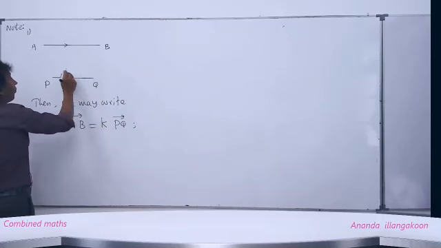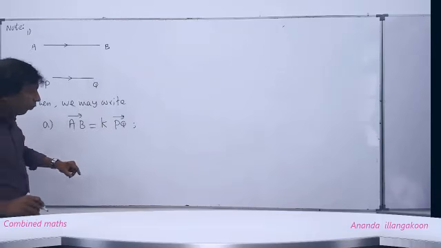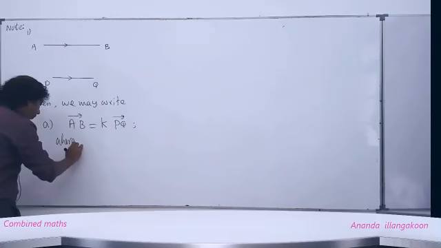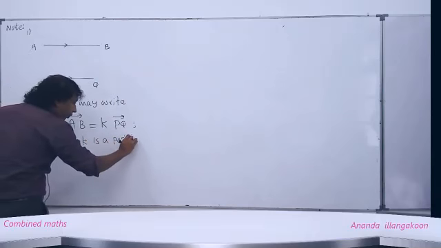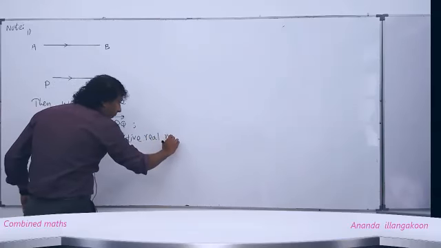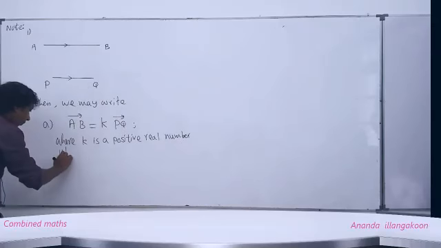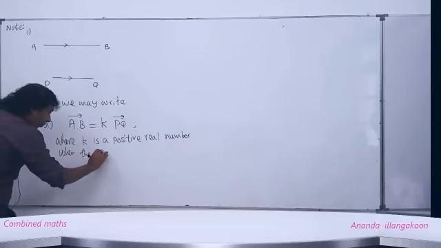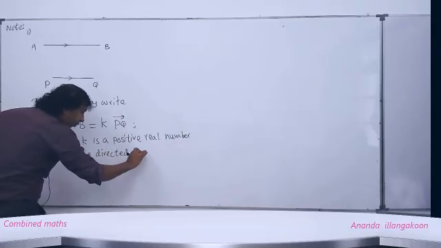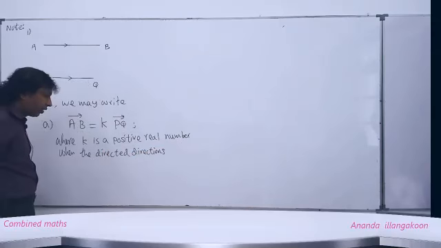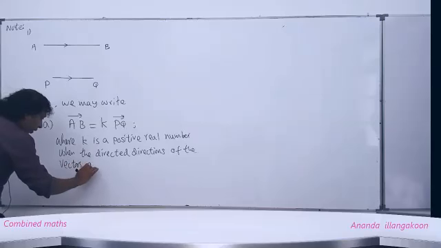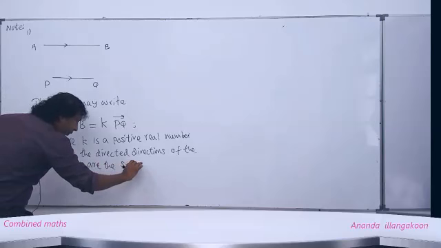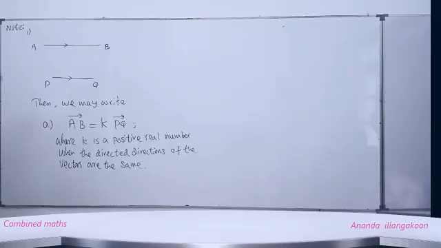So we'll write AB equals K PQ, where K is a positive real number when the directed directions of the vectors are the same.